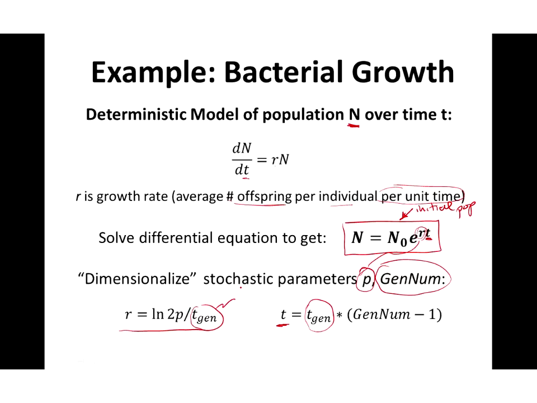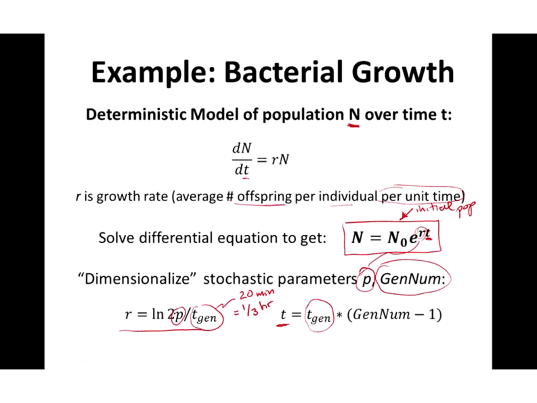For typical bacteria, a reasonable number might be about 20 minutes for how long it takes each bacteria on average to divide. Since we may want to do this in hours, that would be about 1/3 of an hour. So we'll use 1/3 of an hour for our generation time for the simulation.